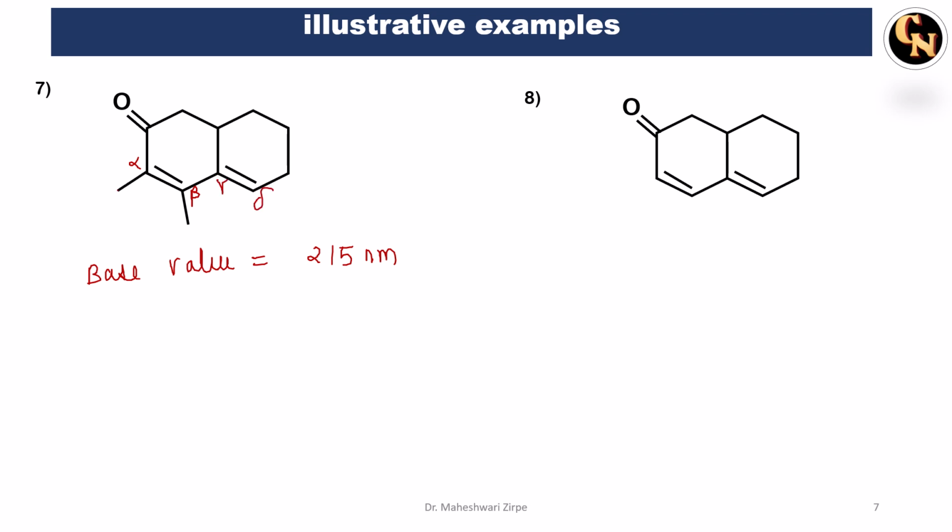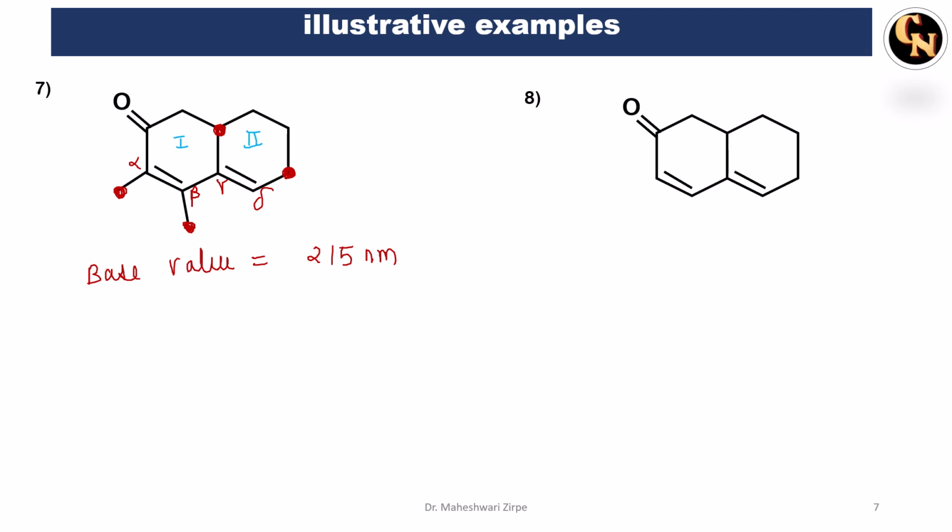So alpha there is a CH3 group, beta there is a CH3 group, then gamma there is one alkyl substituent, and delta there is one more substituent. So all these substituents will get added. Before we add the substituents, see here, the gamma delta double bond is exocyclic to ring number 1.